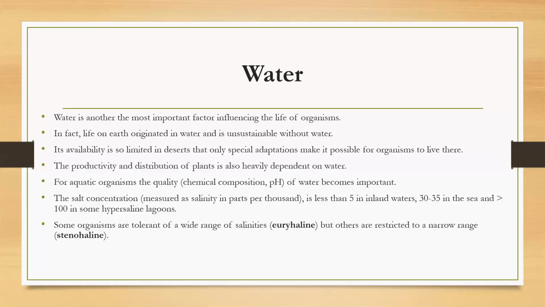Some organisms are tolerant of a wide range of salinities, but others are restricted to a narrow range. The organisms which can tolerate a wide range of salinity variation are called euryhaline, and those restricted to a narrow range of salinity are called stenohaline.